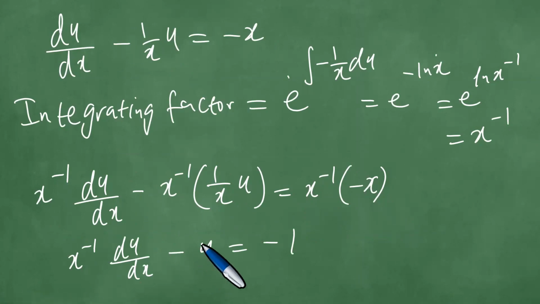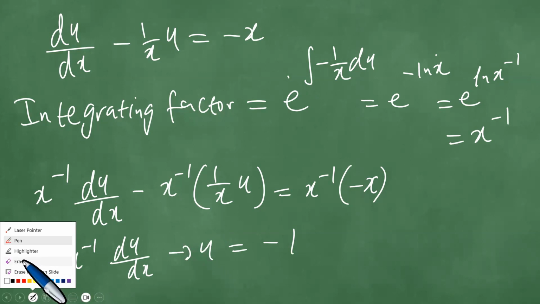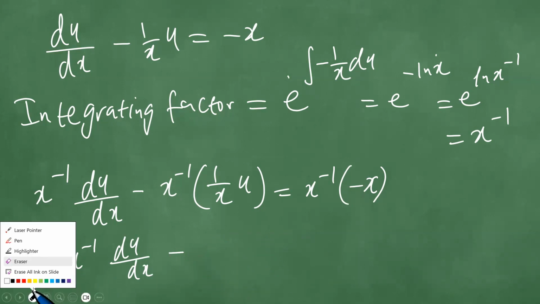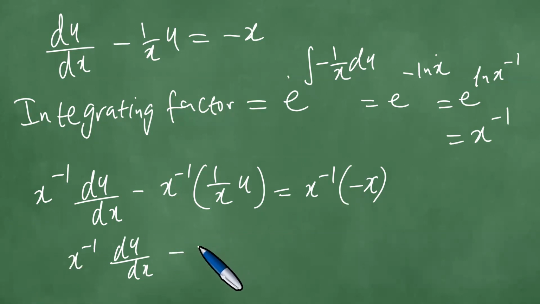So now this would actually be x to the minus 2 u. Let me write this properly. So this will become x to the minus 2 u, which equals indeed minus 1.